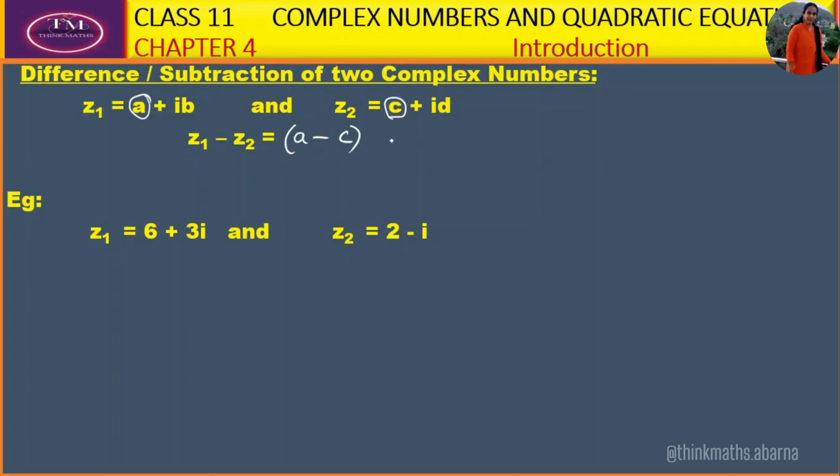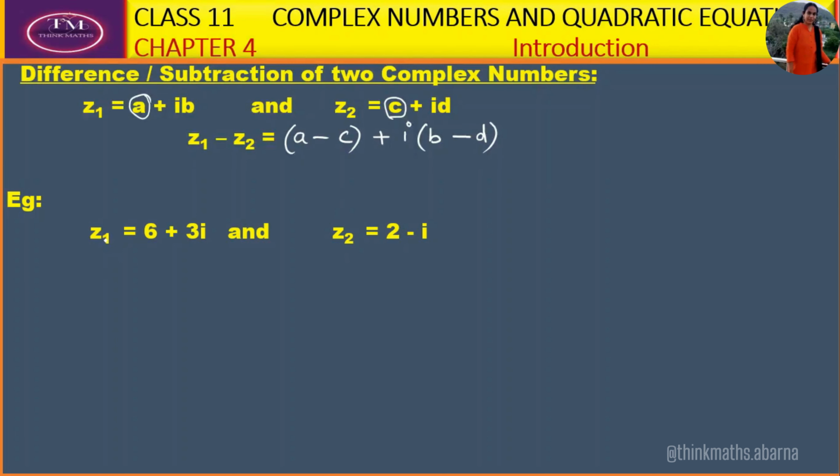Then i into, the imaginary part in z1 is b, the imaginary part in z2 is d, so b minus d. Z1 minus Z2 is equal to (a minus c) plus i into (b minus d). So this is the way you have to subtract complex numbers.